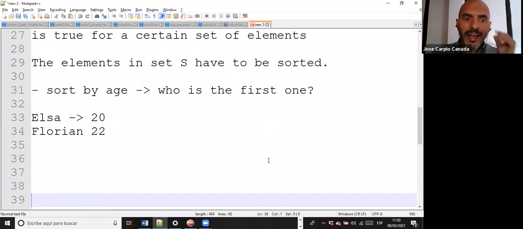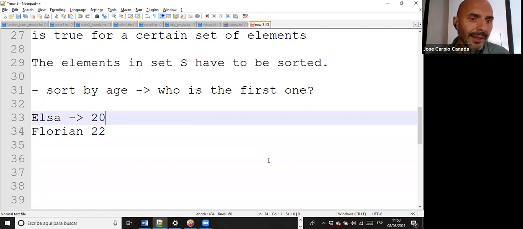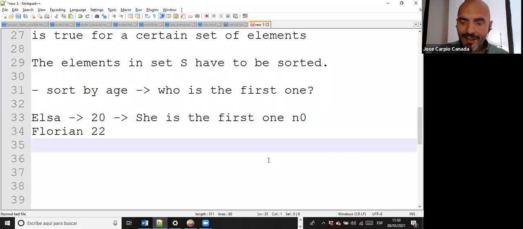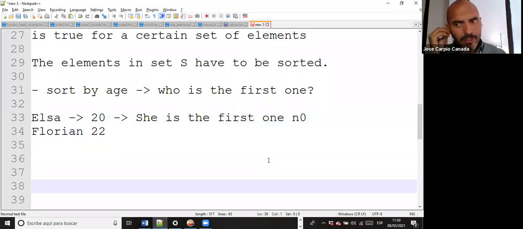After that, we know that Elsa is the first one in this set. Let's call her N0. Elsa is more beautiful, but N0 is easier. Okay, this is the first part of the induction principle. Let's use this concept of order.